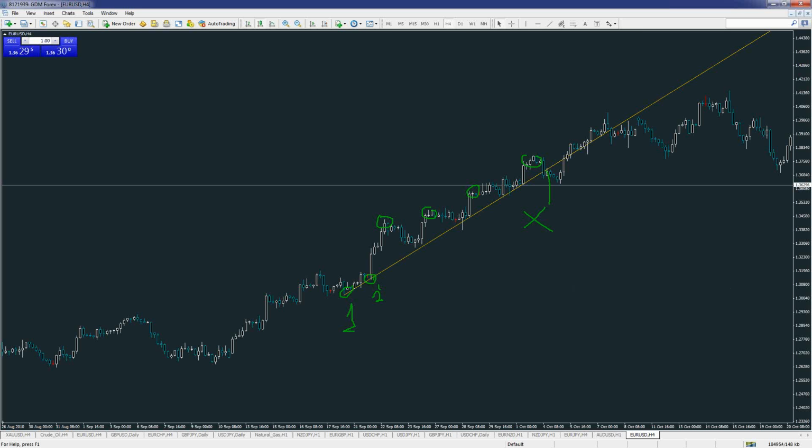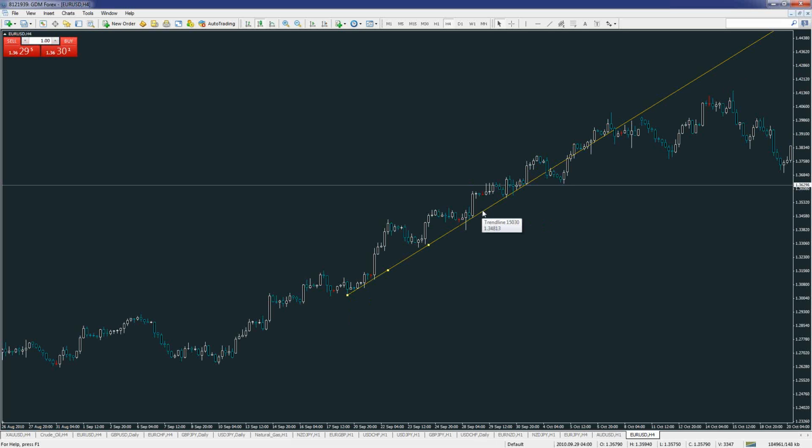Now, something very important to remember is identifying the trend itself. First of all, we need to measure the retracements to make sure that they are between 33 and 66%. To do so, we need the Fibonacci retracement.